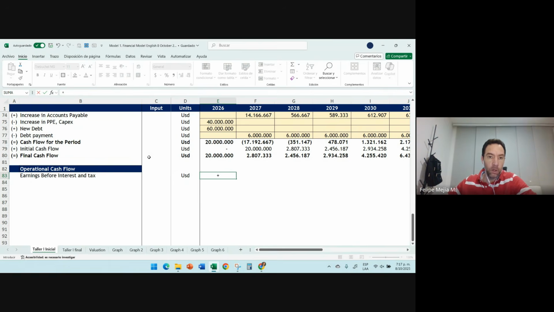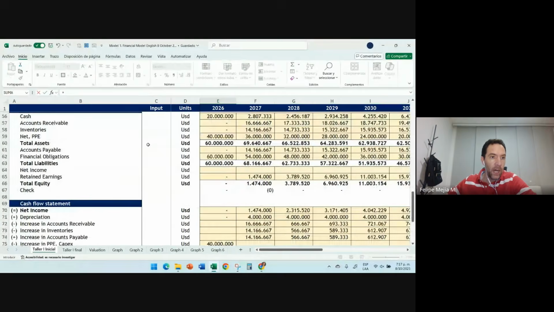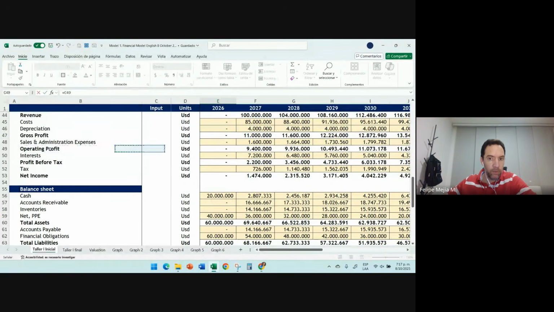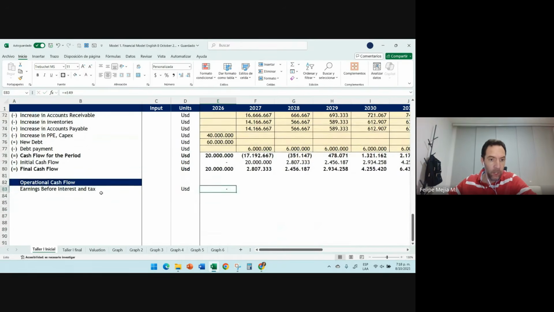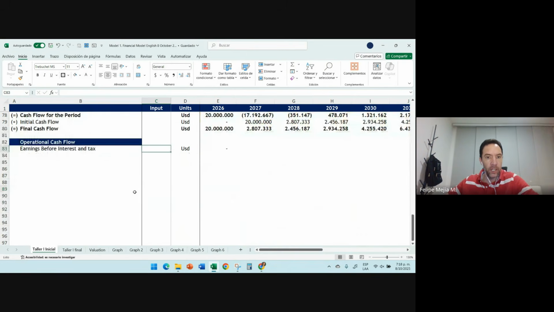Let's go to our model here, and if you look at this operating profit, it is the same name. It is the earnings before interest and tax. So this subtotal here that we're going to take is called EBIT.